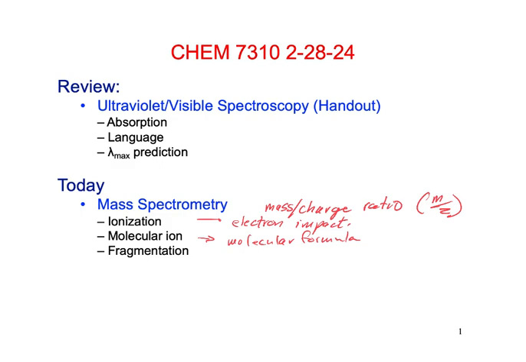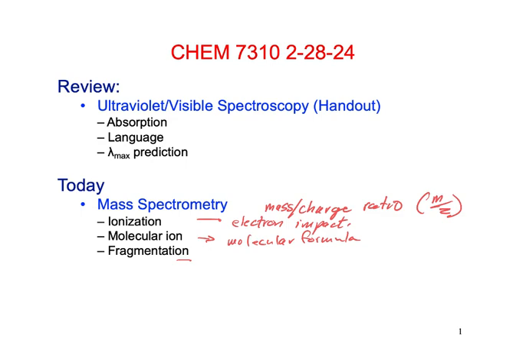And then, when we generate that ion, we end up putting excess energy into the molecule, and so it oftentimes breaks apart or fragments. And from this fragmentation, we hope to get some structural information because it will fragment following the rules of organic chemistry.